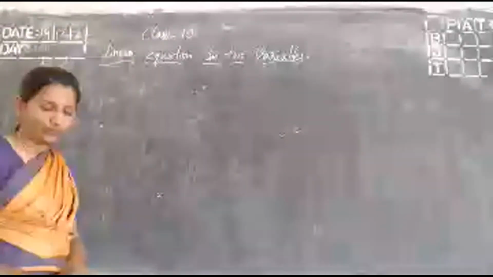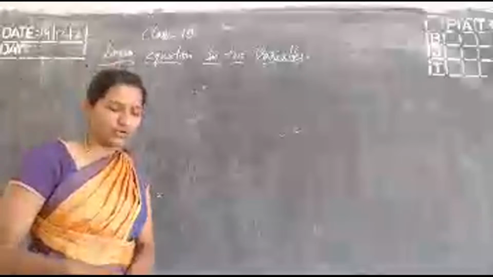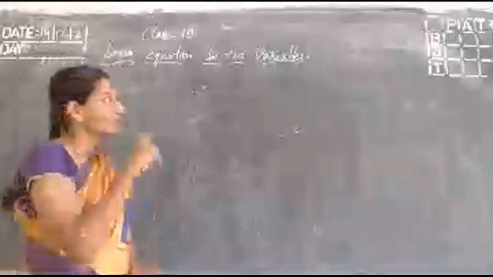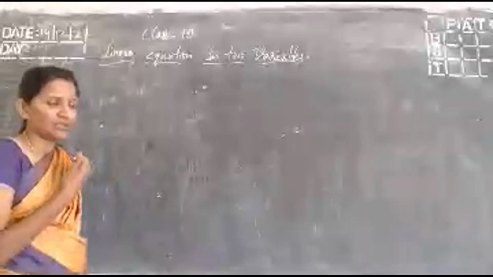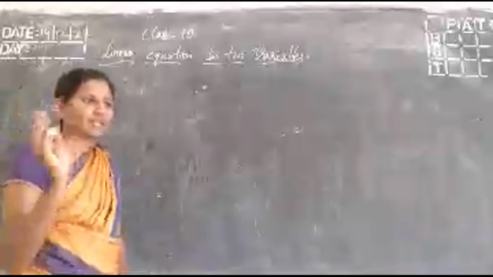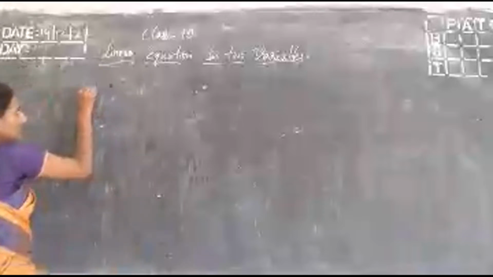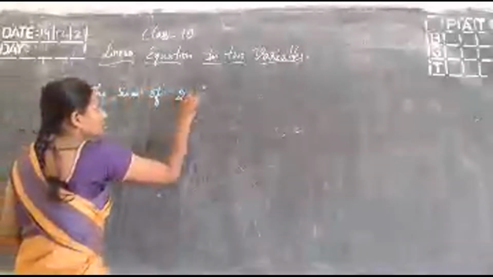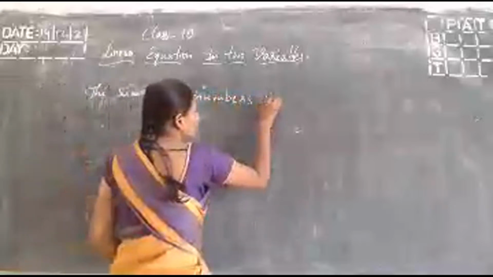Okay. Now we will learn how to write a linear equation in two variables. For example, the sum of two numbers is 14.